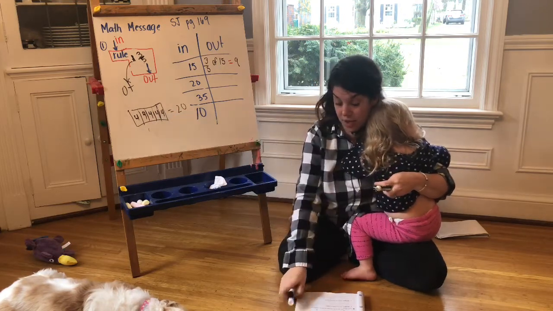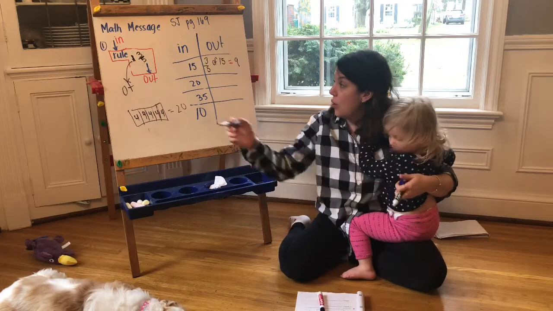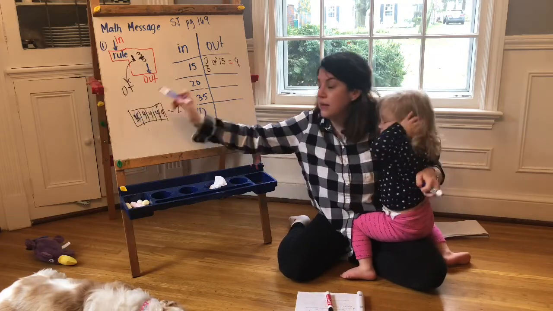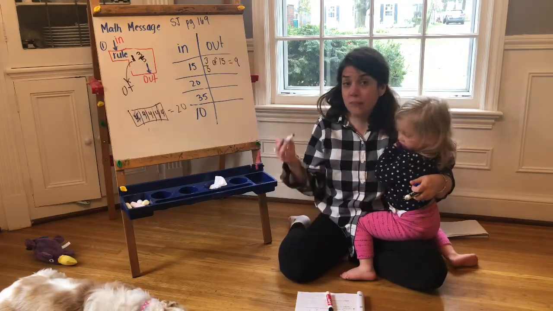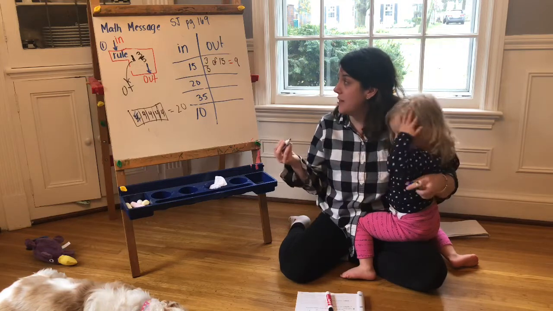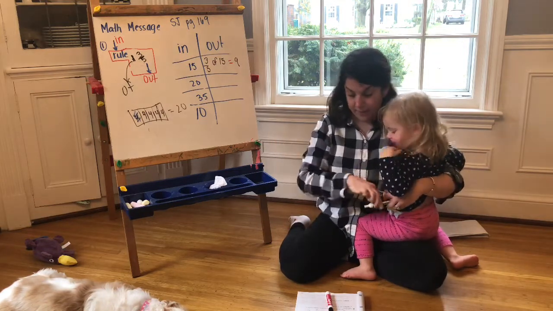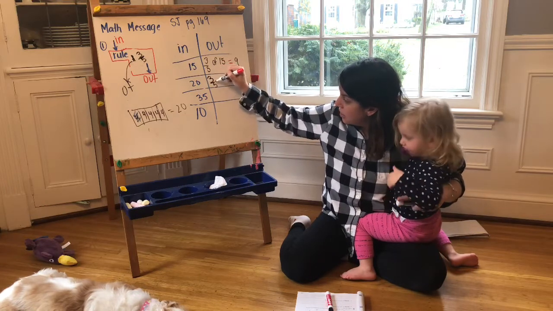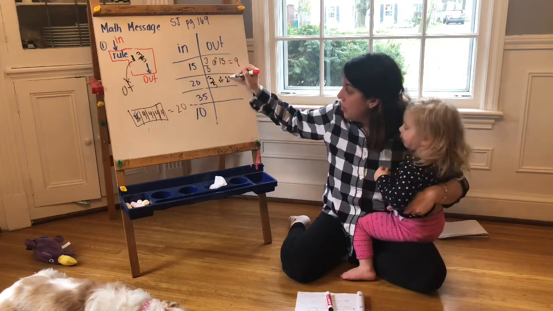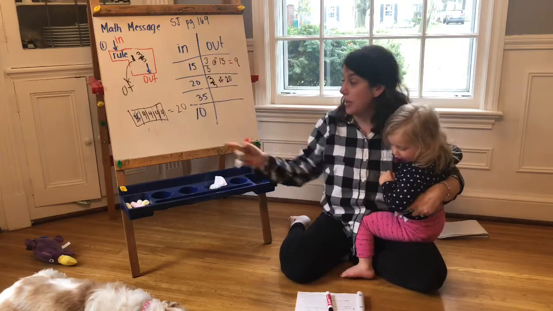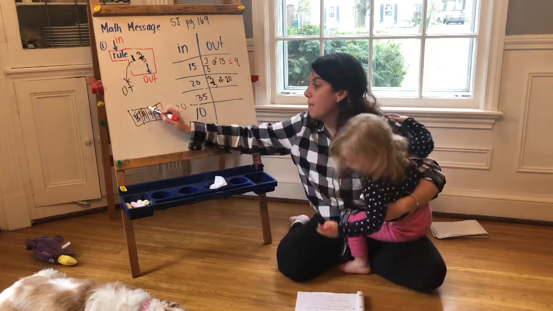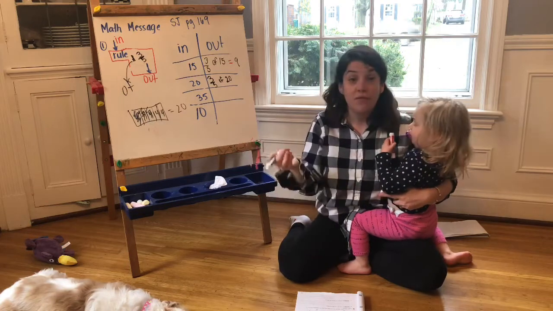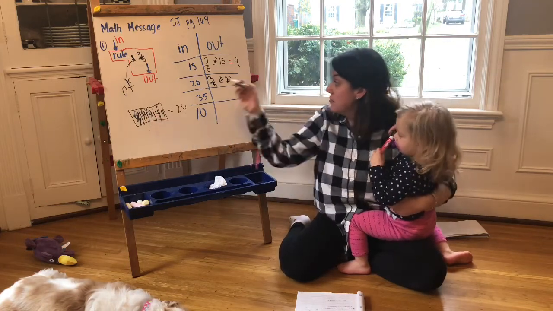So if 1/5 equals 4, then what would 3/5 of 20 be? Let's see, 3/5 of 20, or 3/5 times 20, would be 4, 8, 12.